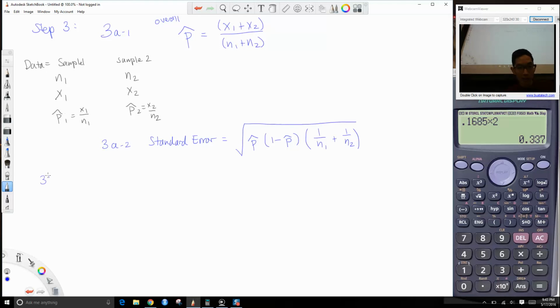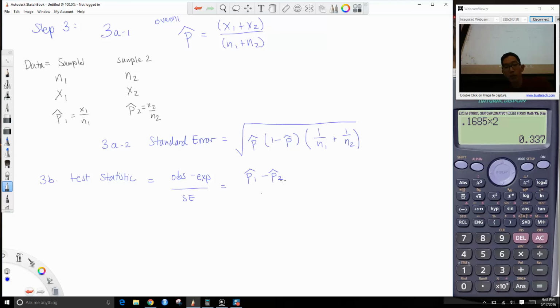Your test statistic, 3B, is your observed minus the expected, divided by the standard error. If the null hypothesis were true, the quantity we observe is p hat 1, and we would expect it to be equal to p hat 2.